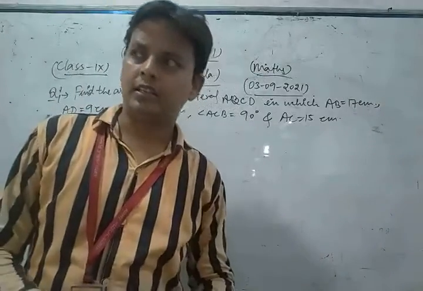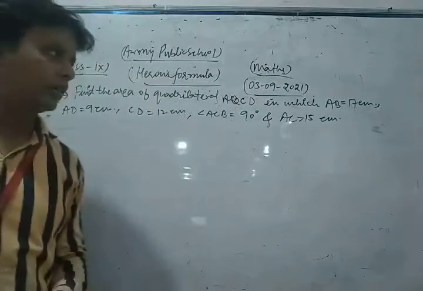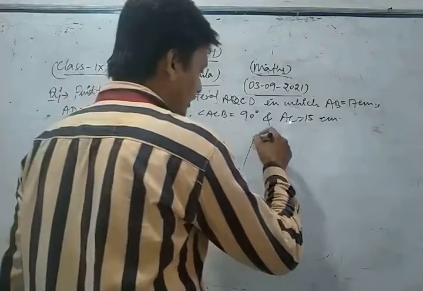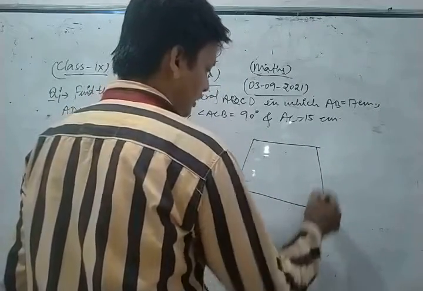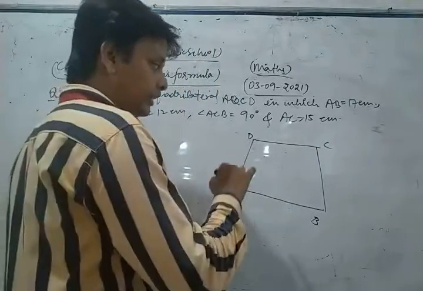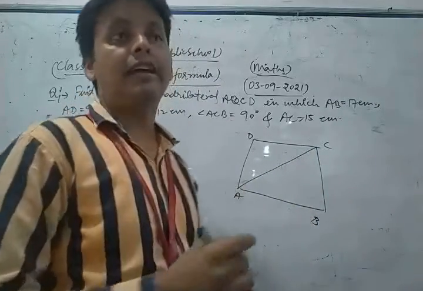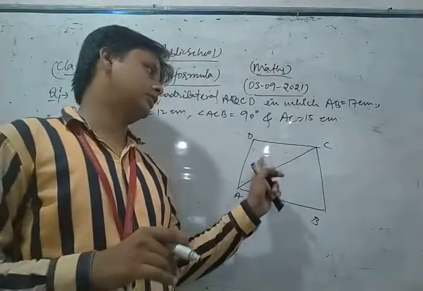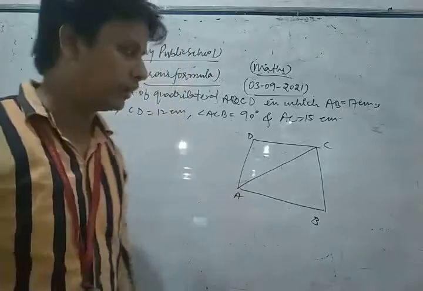Dear students, in previous classes, this is just a revision. In previous class, we discussed the process to find the area of quadrilateral ABCD. If we join AC, this is the diagonal, and you know that the diagonal divides the quadrilateral into two triangles.